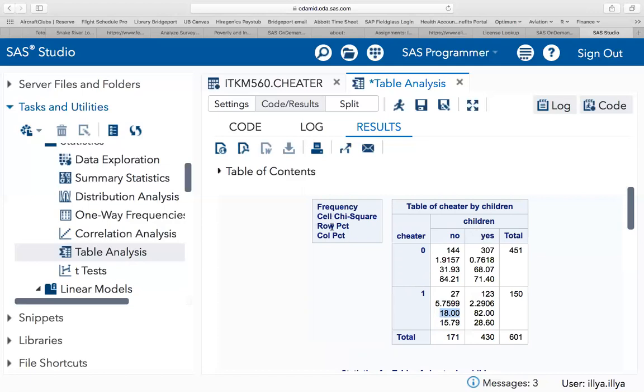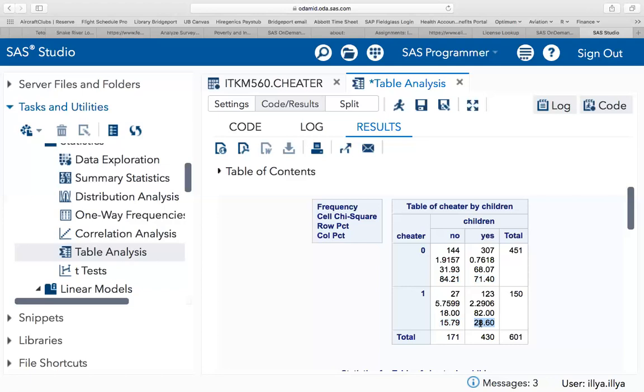It's the last value. 84% of people without children don't cheat. Close to 16% of people without children cheat. People with children, 71% are faithful, 28% cheat.